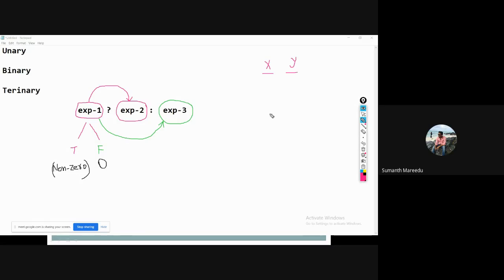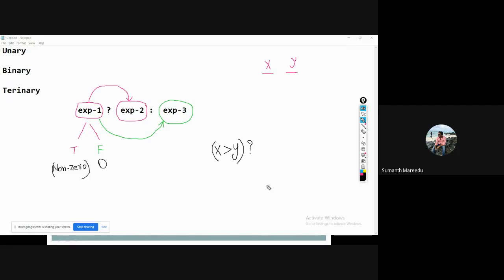Okay, so I'll write it like this. See, x greater than y. So this is my first expression, question mark. Let us assume this condition x greater than y is true.